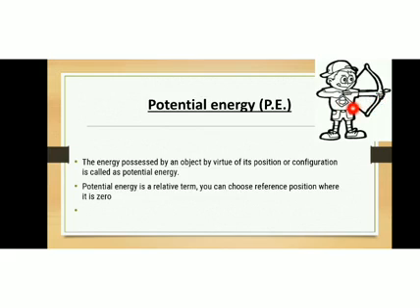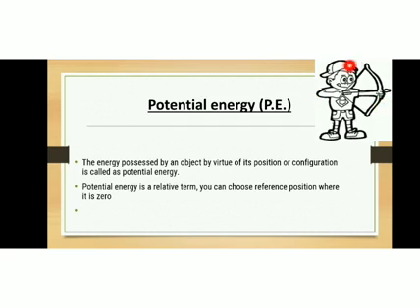Here what happened? When the string is stretched, there is a change in the shape of that string. Shape means configuration of that string. When the arrow is released, the work done in stretching the string is stored as potential energy inside the string, and when the arrow flies off the bow, that potential energy is converted into kinetic energy of the arrow.